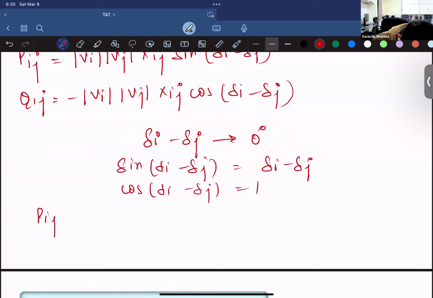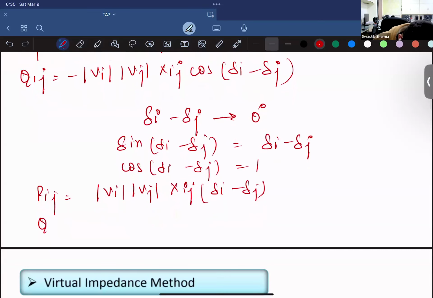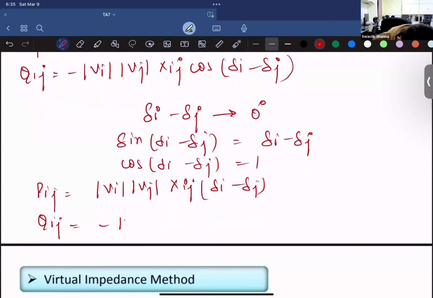So what is your Pij? Pij is nothing but mod of Vi, mod of Vj, Xij, delta I minus delta j. My handwriting is a bit weird. If you are having trouble reading it, just let me know. I'll do it once more. So Qij is minus Vi, Vj, Xij.